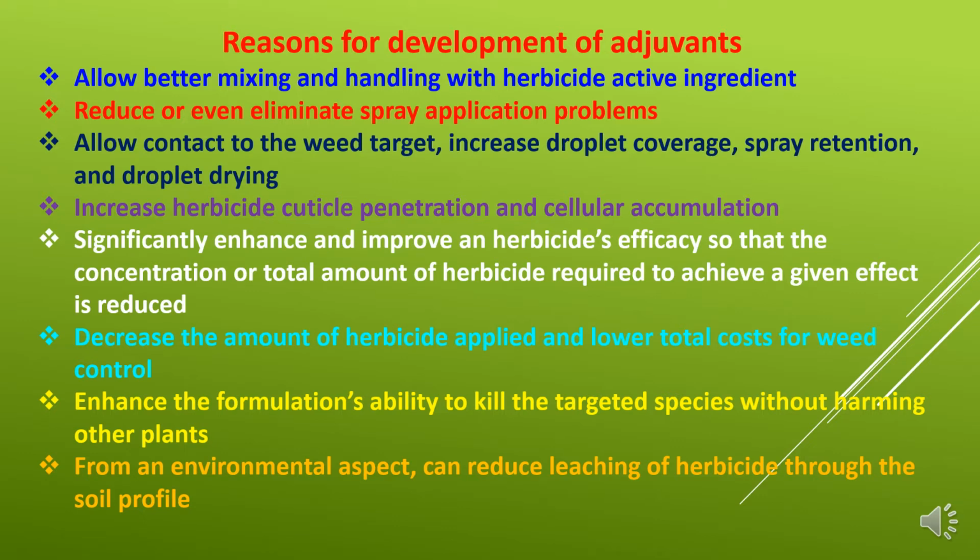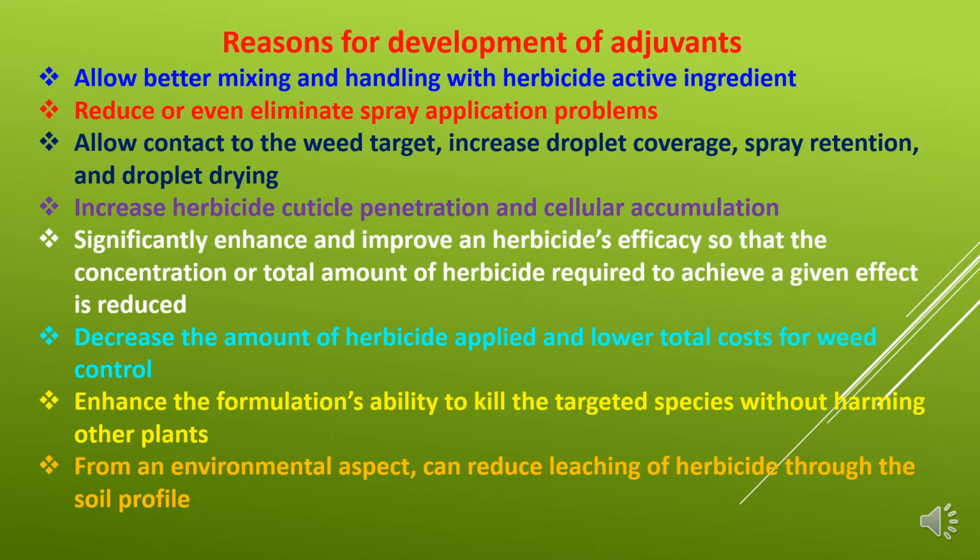Adjuvant use increases herbicide cuticle penetration and cellular accumulation, significantly enhancing herbicide efficacy, so that the concentration or total amount of herbicide required to achieve a given effect is reduced.